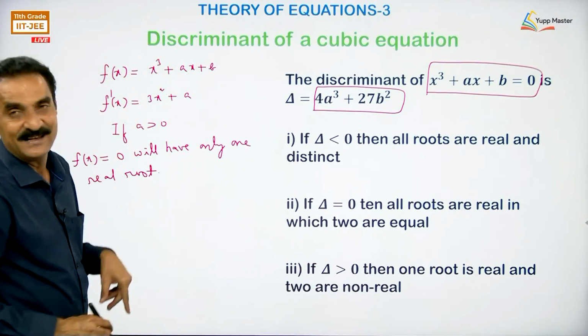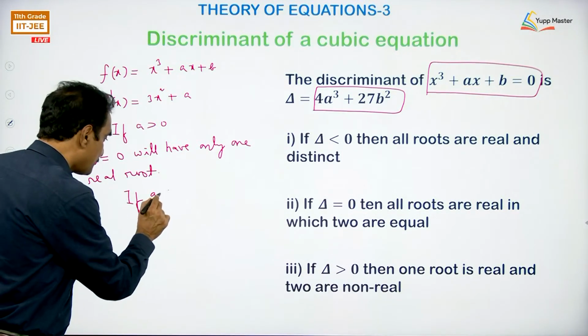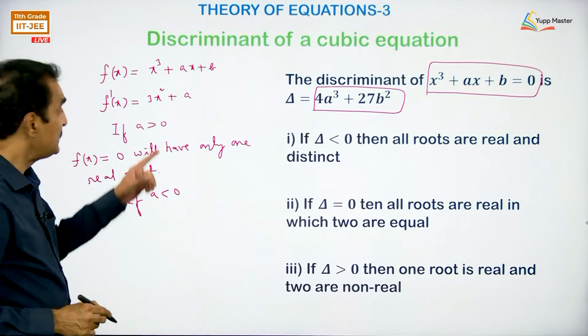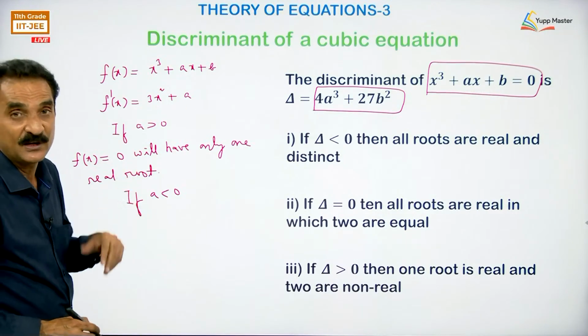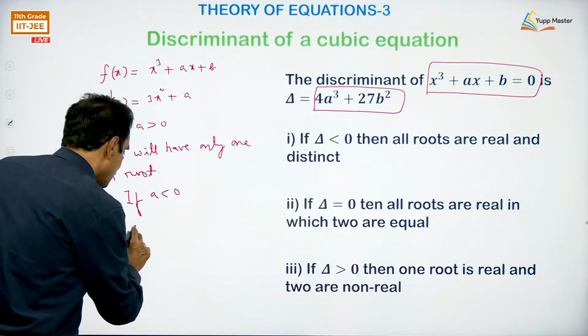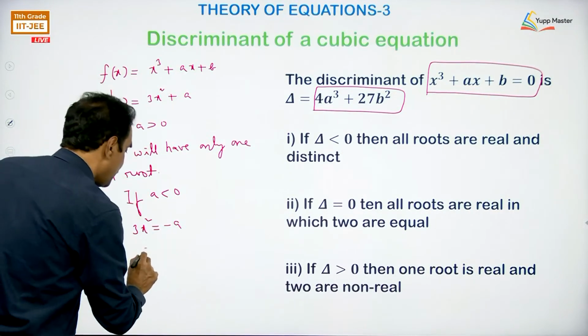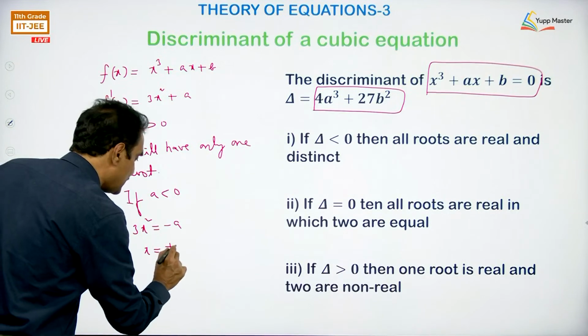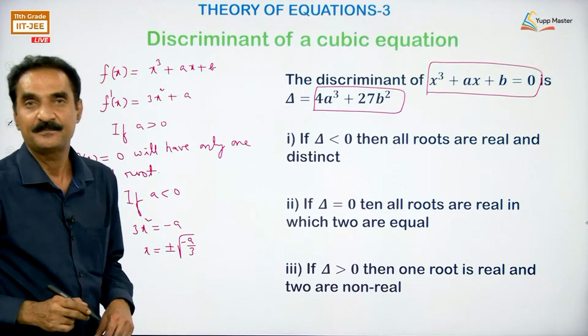Now, if a is negative, then this quadratic equation 3x square plus a is equal to 0 will have real roots. 3x square is equal to minus a. We get x is equal to plus or minus root of minus a by 3.